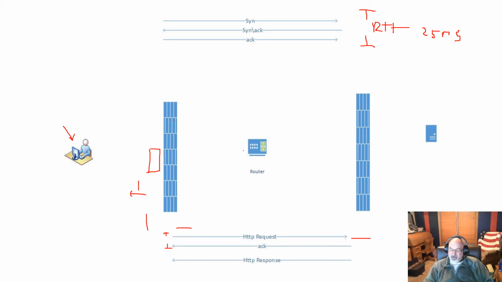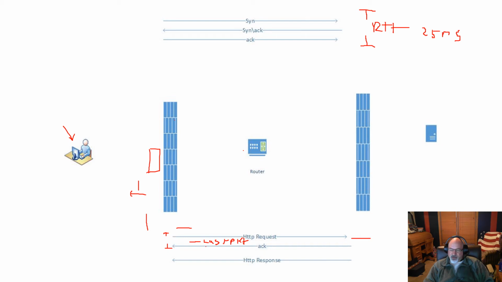So if it's 10 packets for the request, when I see it complete, I start measuring again, to get the time between the last packet going through and waiting for my ACK back.